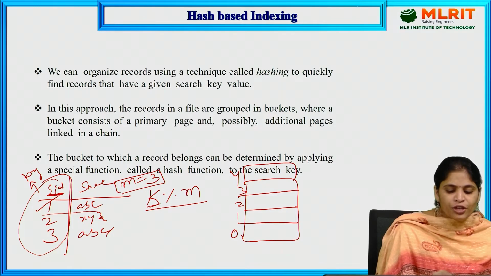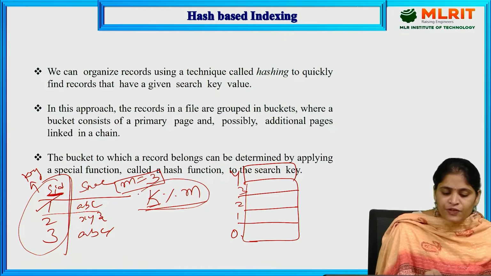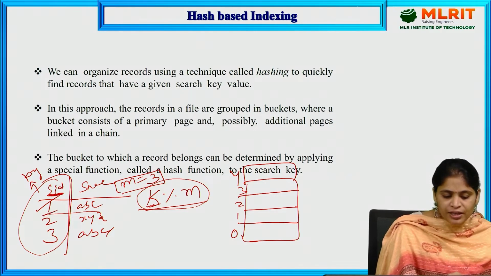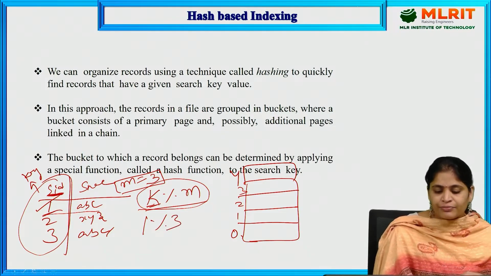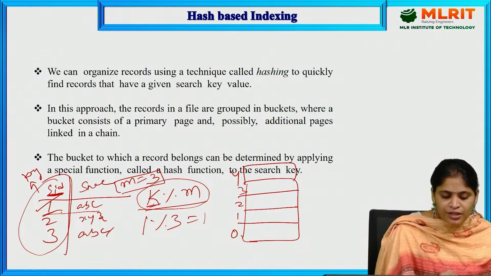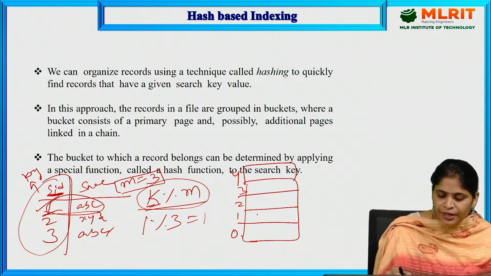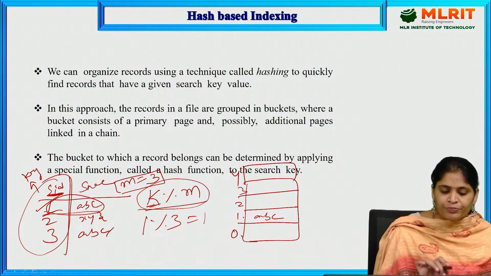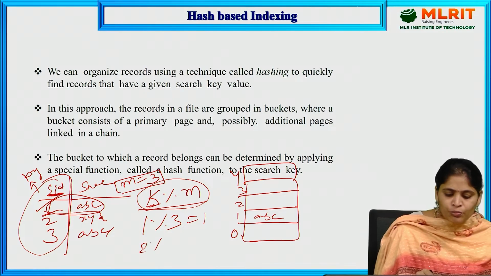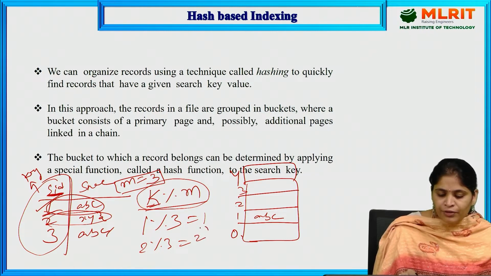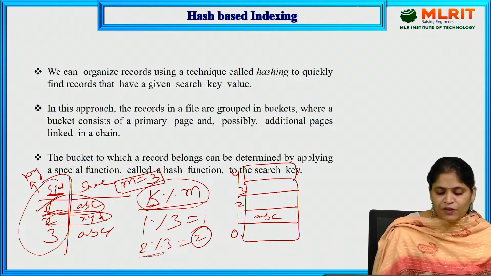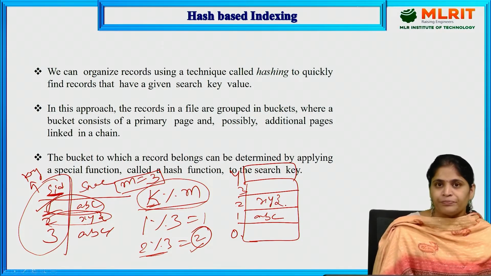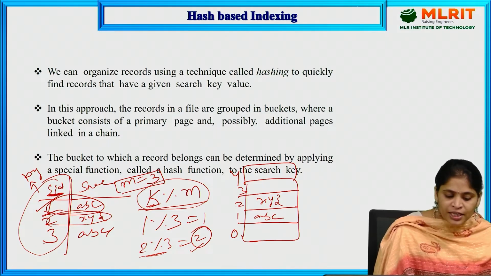Now, by considering this hash function, I can insert the records. Key attribute 1 modulus 3, what is 1 modulus 3? 1. Therefore, this record 1 can be kept in place 1. Next, 2 modulus 3. Where do I have to keep this second record? Here, using this hash function, I have generated 2. Therefore, I can keep my second record, x, y, z, here. Next, 3 is my key value.